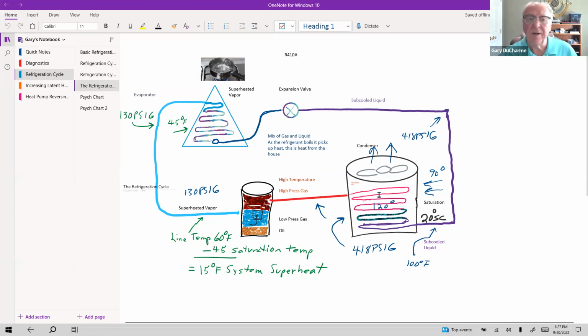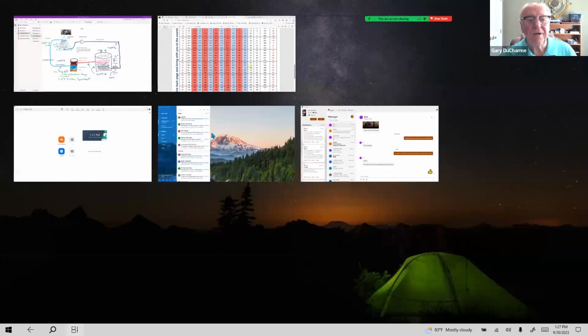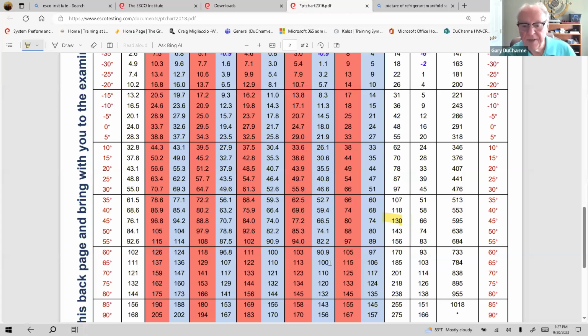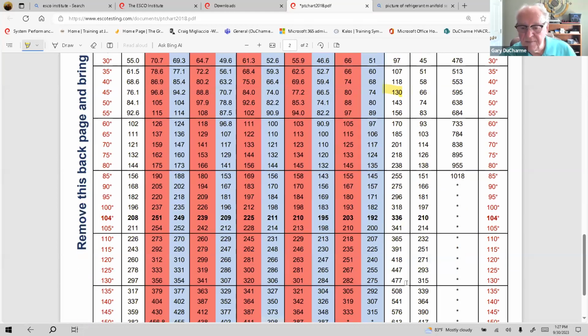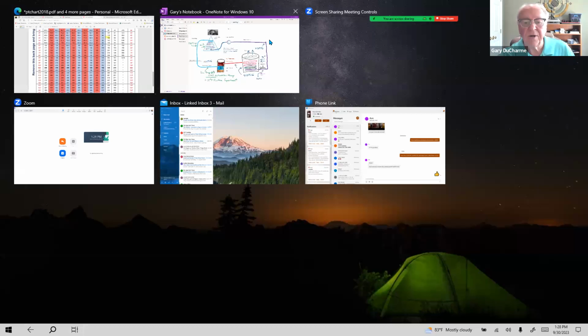It's above the saturated temperature for 418 psig. At 418 psig, now on 410A, let's take a look back at the PT chart here. If we go to 418 psig, we are at 120 degrees at saturation. So we're not going to be at saturation at the beginning of this condensing coil.